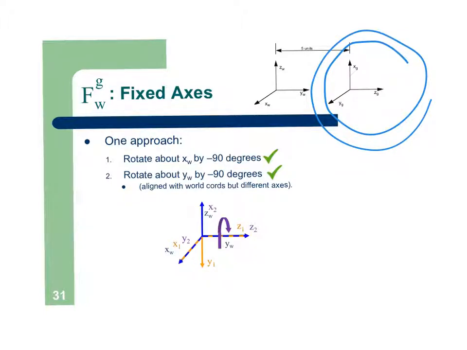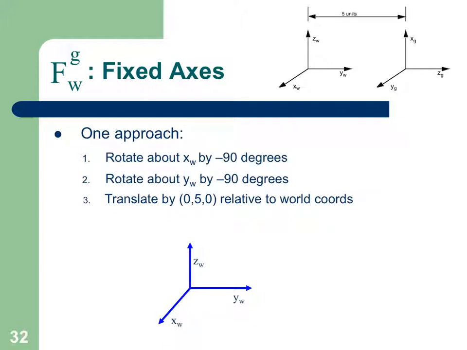Because right now, frame 2 is located here, and we need to move it over to here in order to get into gripper coordinates. So what do we need to do? Well, we need to translate 5 units in this direction. And again, we do it relative to the world coordinate frame, so that's 5 units in the y-axis, which is 0, 5, 0.